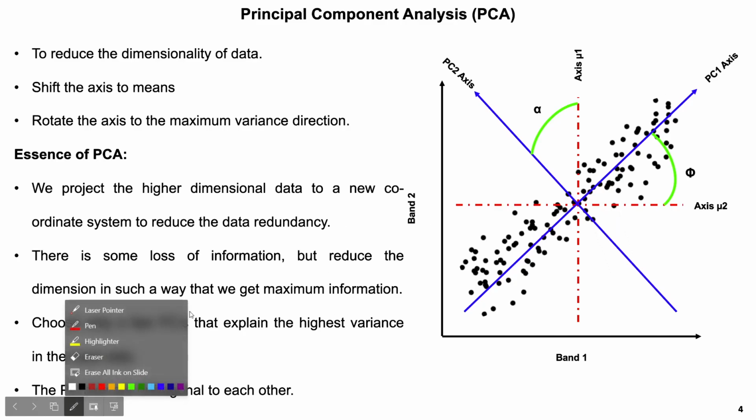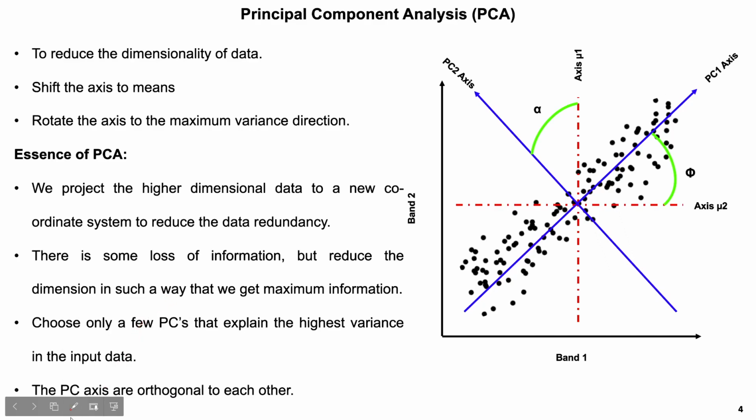So suppose you have, let's say, a cluster like this, and another cluster like this. So after you make the principal component, this cluster may orient something like this, and this cluster may come something like this.